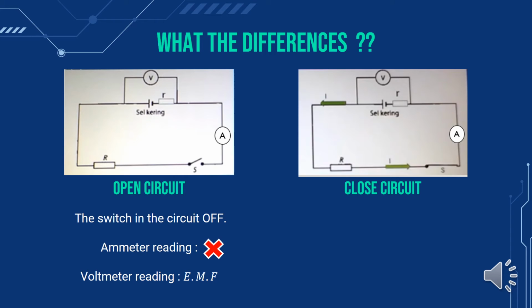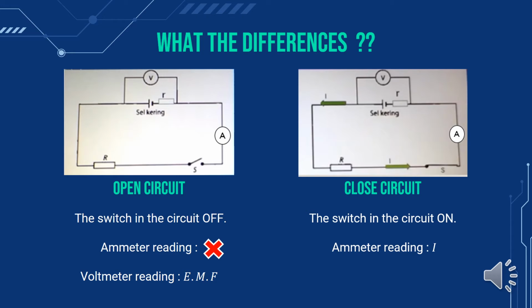Now, look at this closed circuit. As we can see in the picture, the switch in the circuit is on. Means there is a current flow through all the circuit. So, the ammeter reading will give you the value of the current flow.